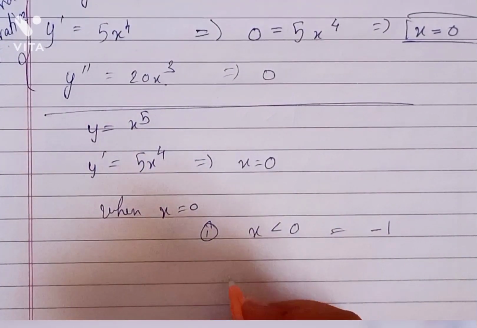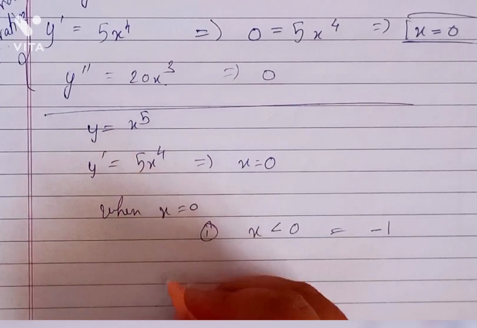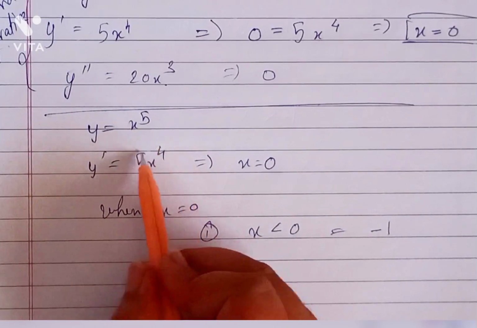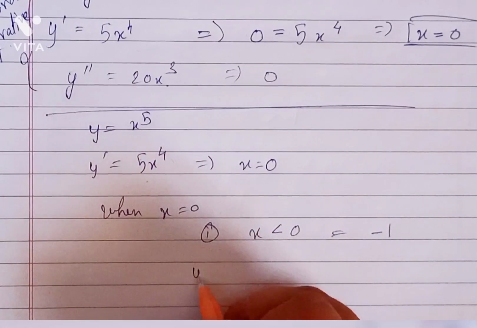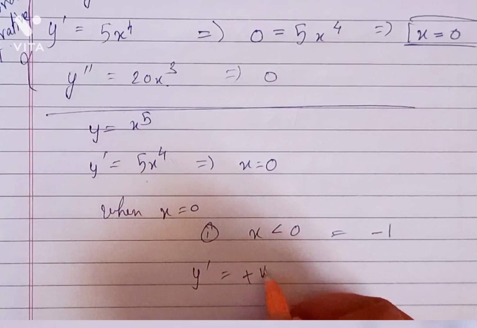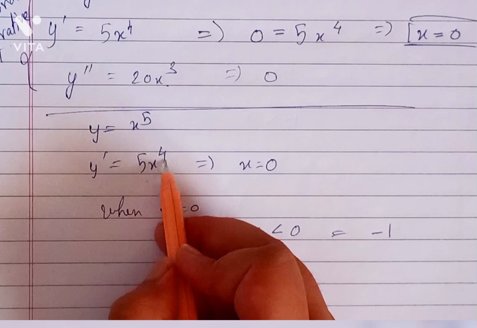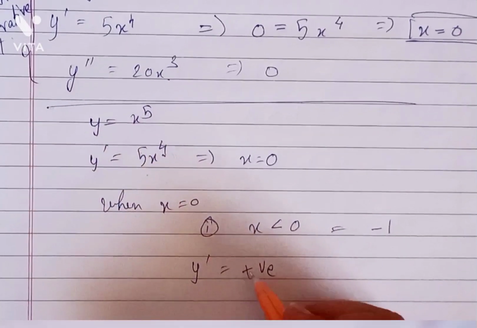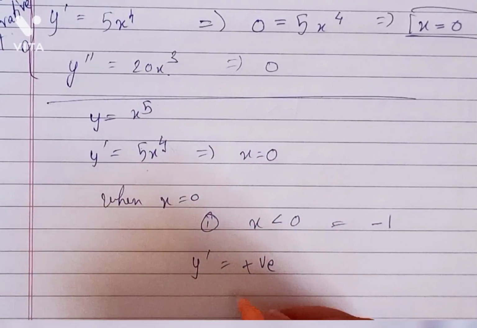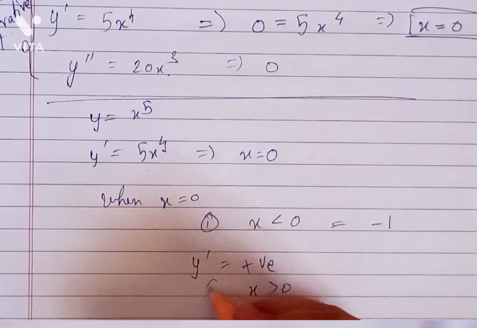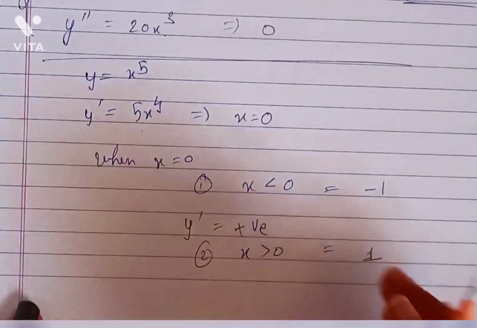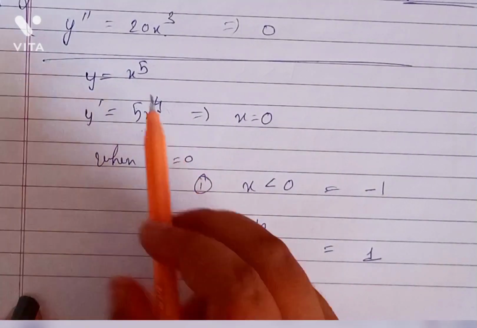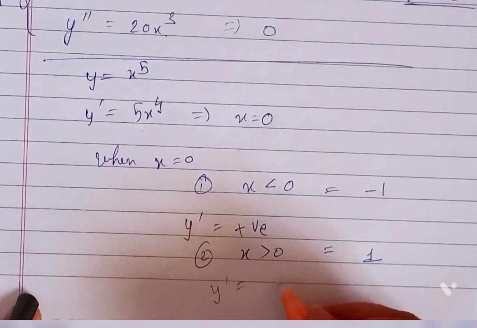Less than 0, you could take minus 1. So putting into this y dash, I will get a positive quantity. Why? Minus 1 to the power 4 is even, so it would be positive. Similarly, when x is greater than 0, I take 1. Alright. Put it again in y dash. So it would be positive only.